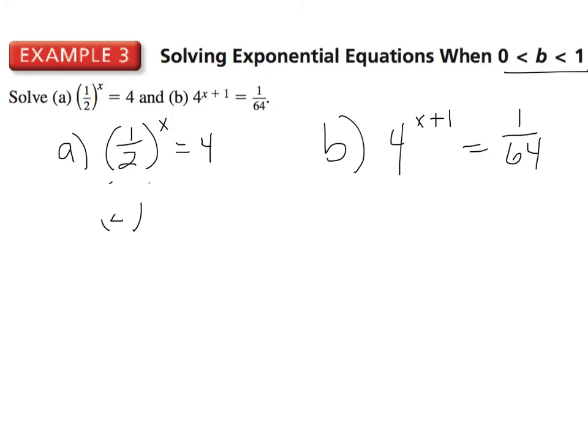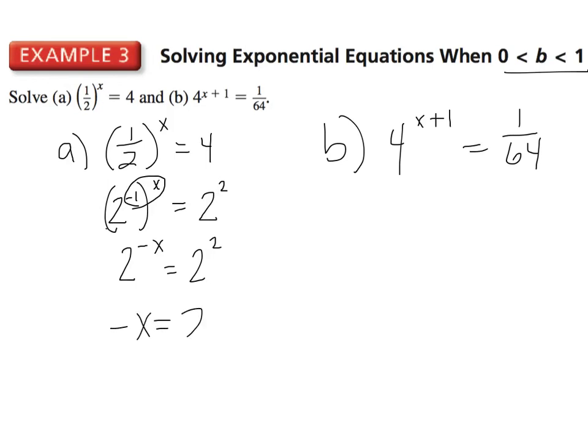I'm going to rewrite this here: 2 to the negative 1 power to the x equals 2 squared. Now, power to power, I multiply, so that gives you 2 to the negative x equals 2 squared. Bases are now the same. Negative x equals 2. Divide by negative 1. My x value would be negative 2.